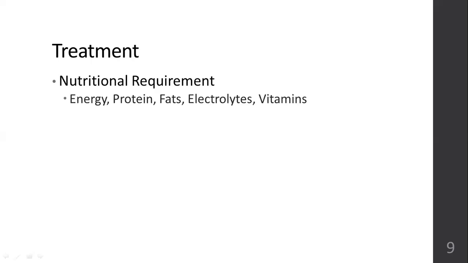So in nutritional requirements, energy, in your textbook, you can see how much energy is required. You can't dump the child with high energy food in the first place. Okay, you have to slowly introduce high energy food.